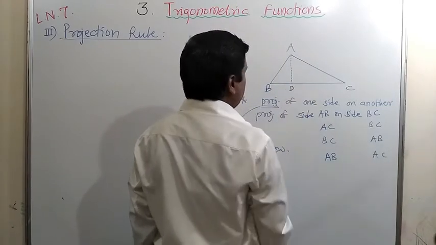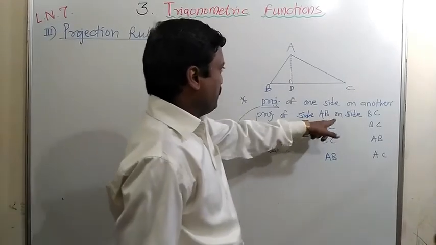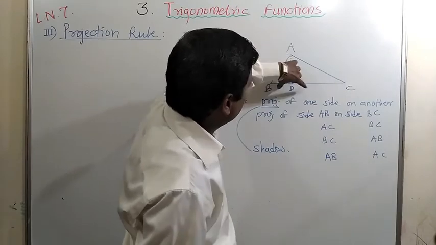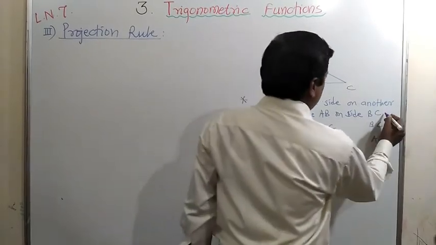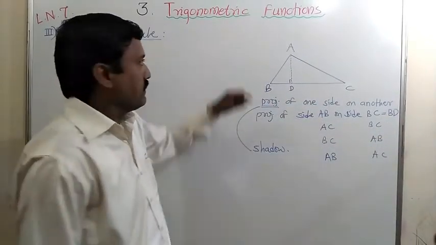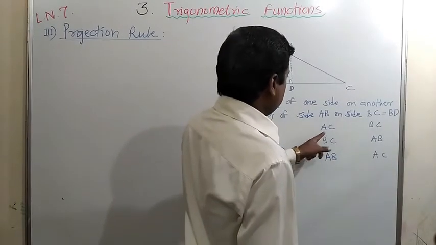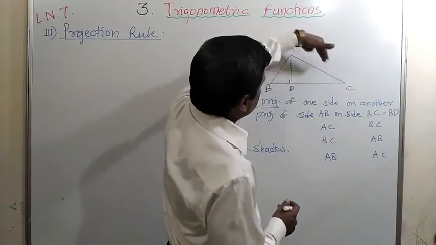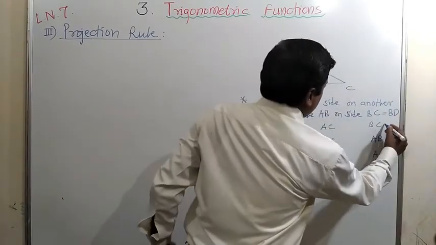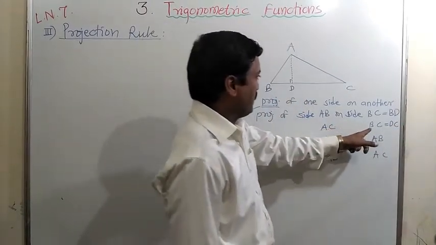If D is the foot of the perpendicular, then the shadow of AB on side BC is nothing but this BD. So this will be the projection of AB on BC. Similarly, what is the projection of AC on BC? It is nothing but DC. So this is the projection of AC on BC.